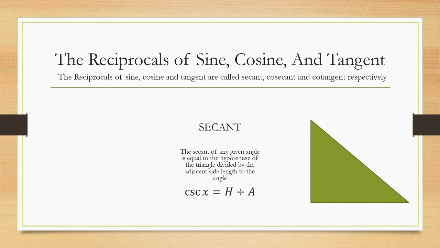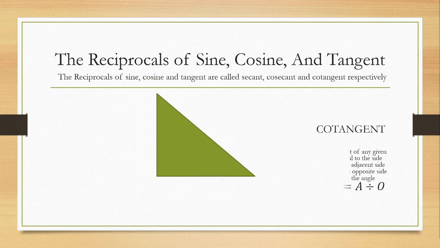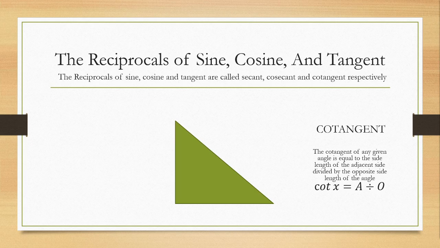The next reciprocal we're going to be talking about is the reciprocal of tan, cotangent. The cotangent of any given angle is equal to the side length of the adjacent side divided by the opposite side of the angle. So that would mean cot of x would equal a over o.